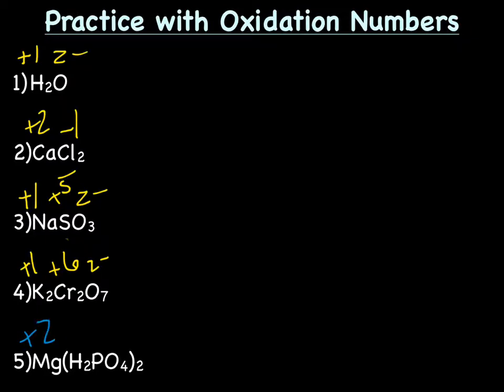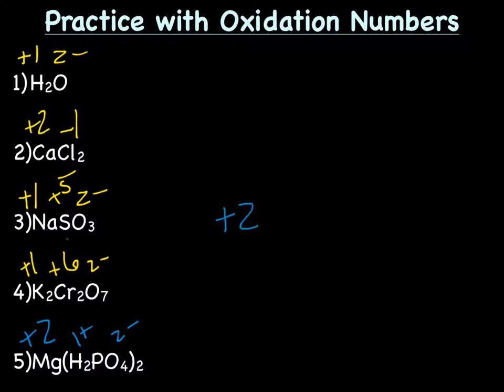From our rules, we know that oxygen is going to be 2 minus, and we know that hydrogen is going to be 1 plus. So now we just need to figure out what in the world is phosphorus. So we have how many magnesiums? We have 1 magnesium.